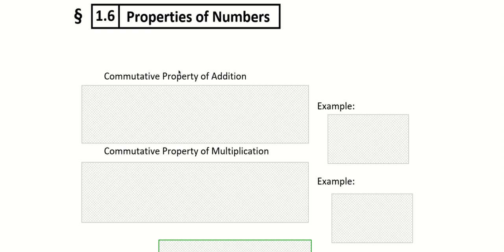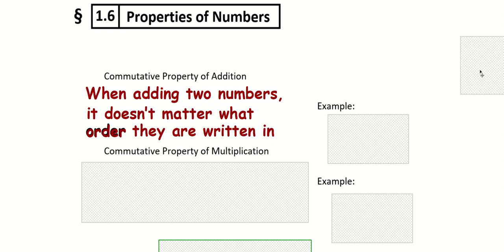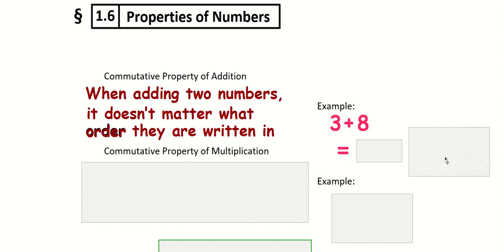This might seem familiar to you from middle school or wherever, but there is a commutative property of addition that basically says that when adding two numbers, it doesn't matter what order they are written in. So if you're doing 3 plus 8, you could rewrite that as 8 plus 3.